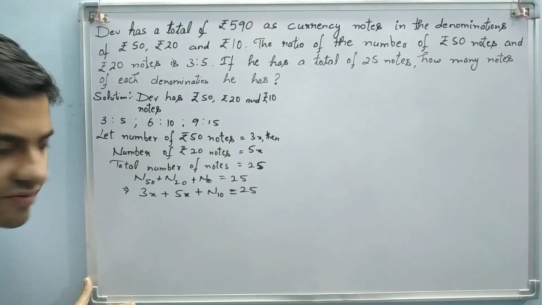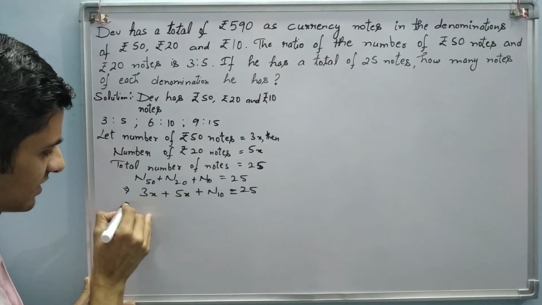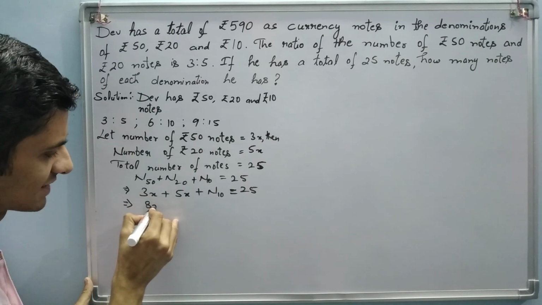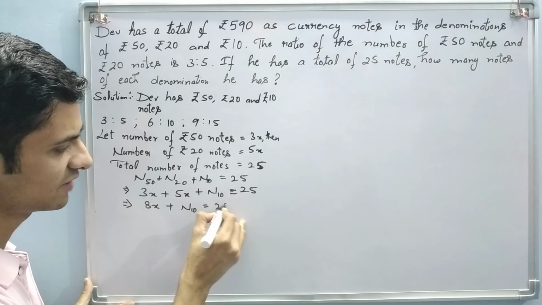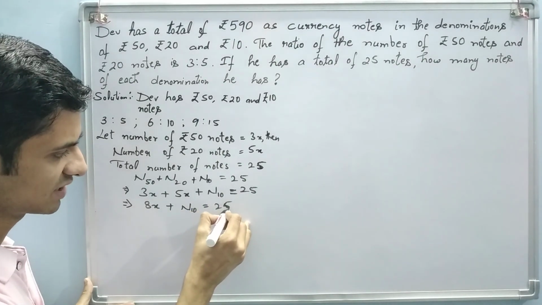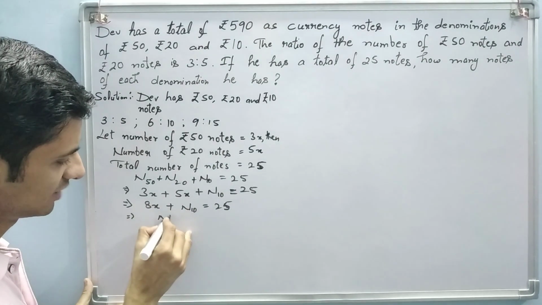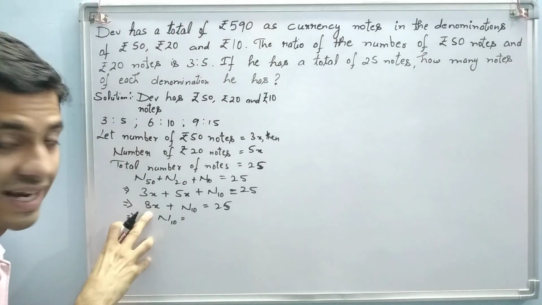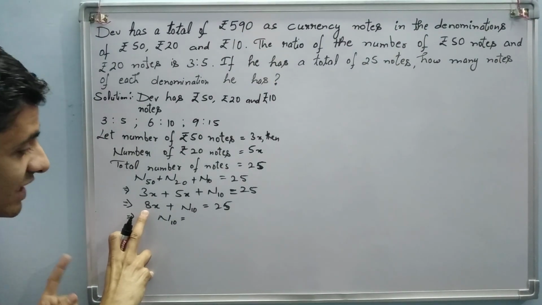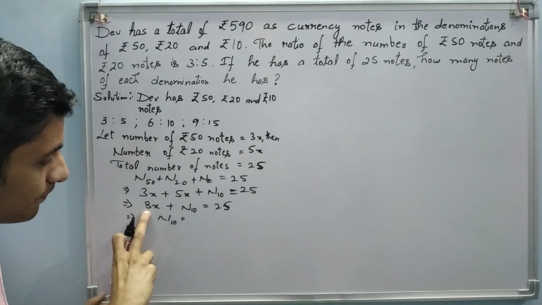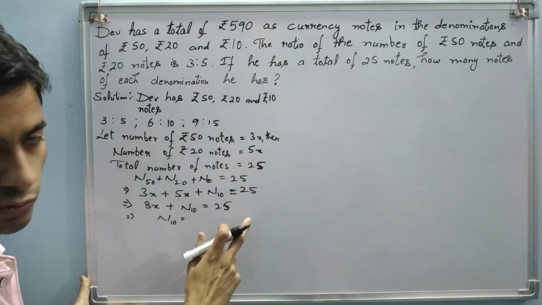Their sum is 25. Now 3x plus 5x gives you 8x, plus number of 10 rupee notes, equal to 25. So what we can say about the number of 10 rupee notes: this 8x is one number. 8 into x will give you one number.